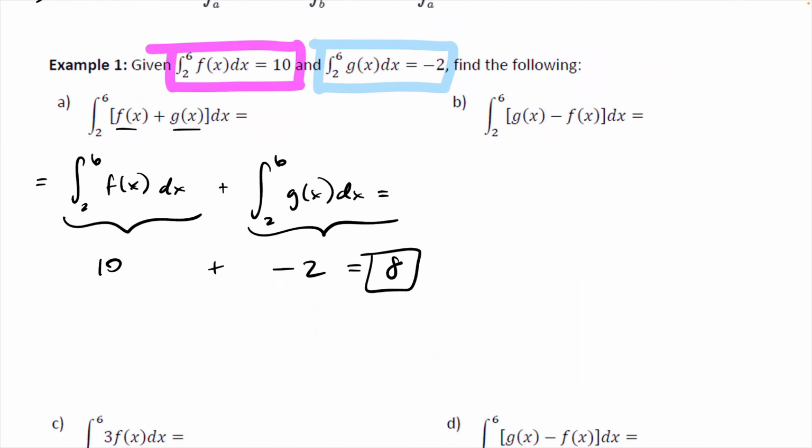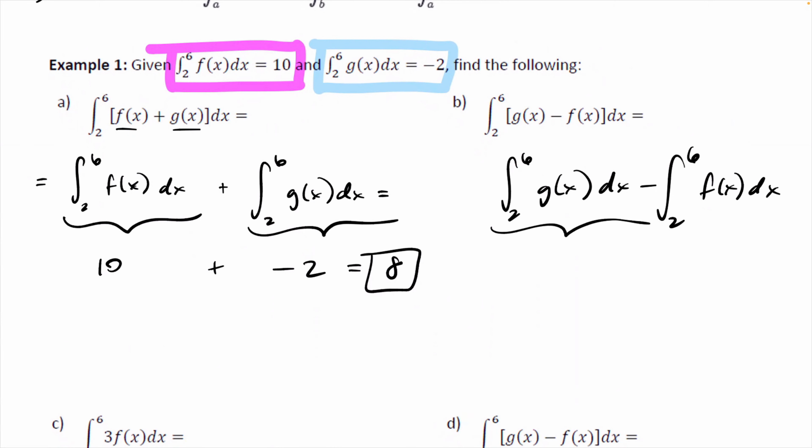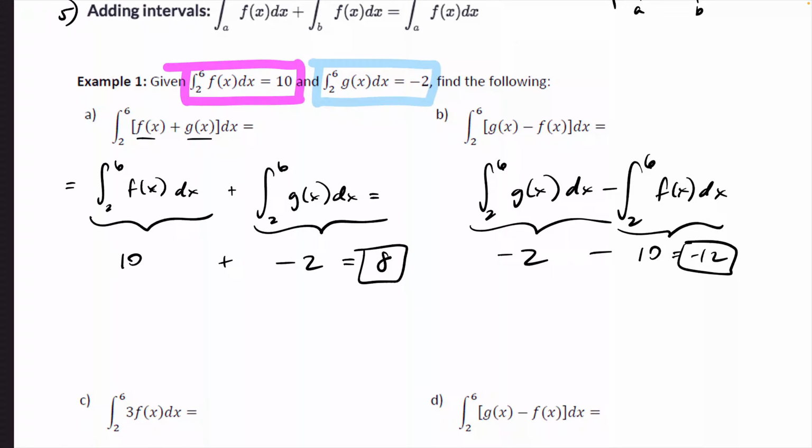B is the same, you're just subtracting. The integral from 2 to 6 of g of x dx is negative 2, minus the integral of f of x, which is 10, and you get negative 12.